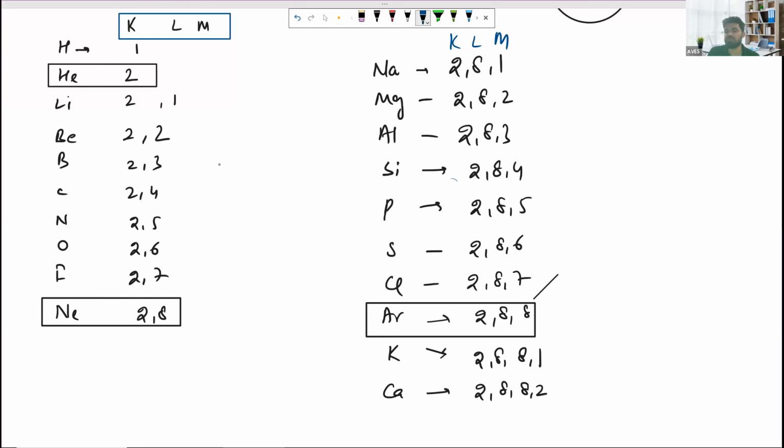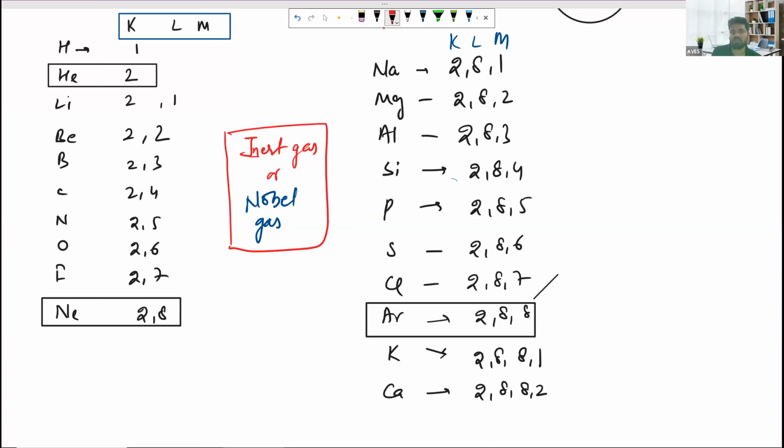These are the noble gases, or inert gases.